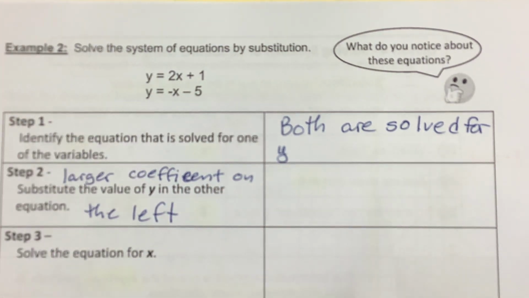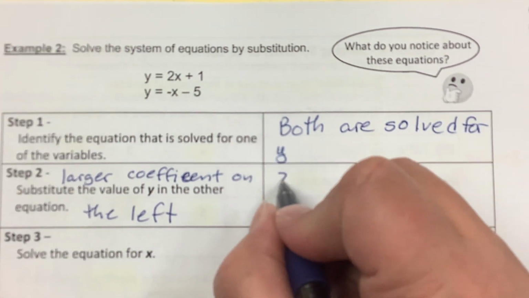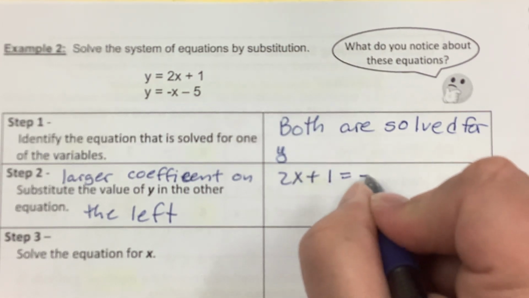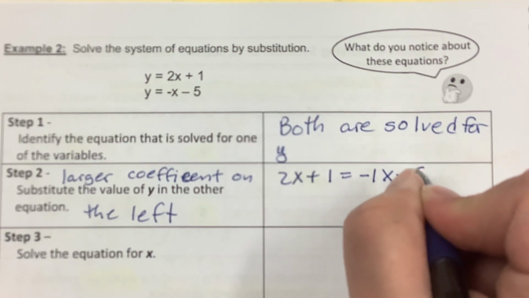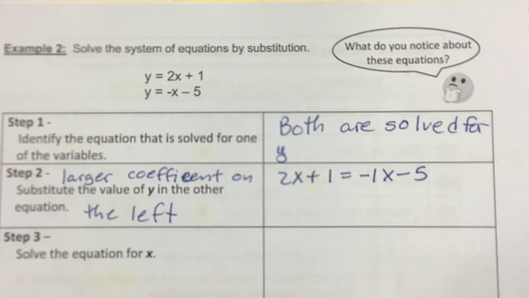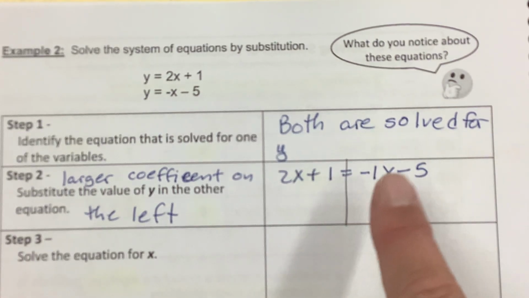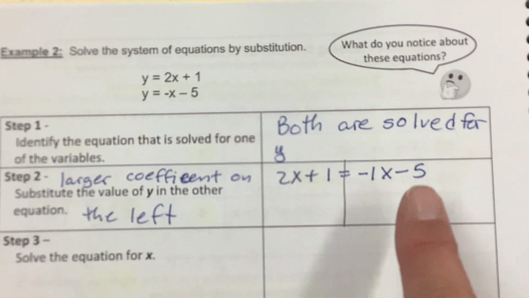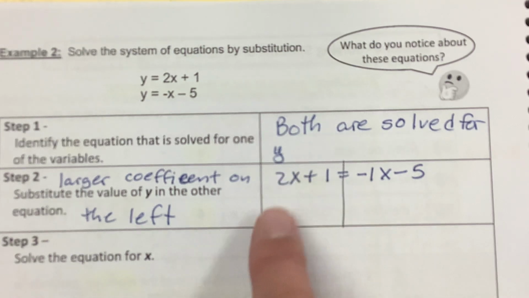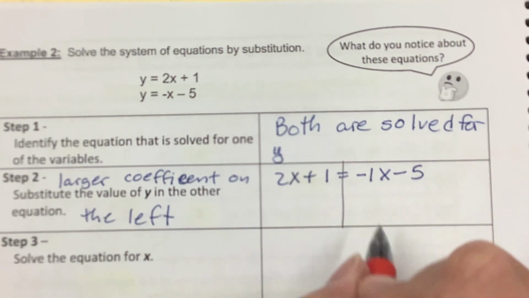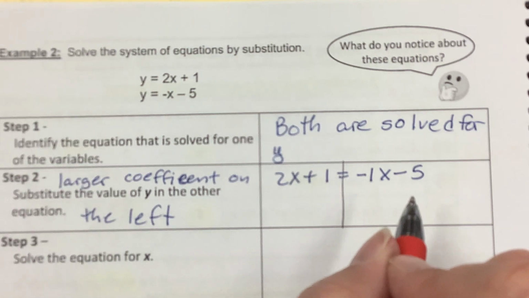So it would be 2x plus 1 equals negative 1x minus 5. But now look, my equal sign is between my variables. So I have to move one to the other side. I always move the smaller variable to the larger variable. So because they're on opposite sides, do the opposite operation.